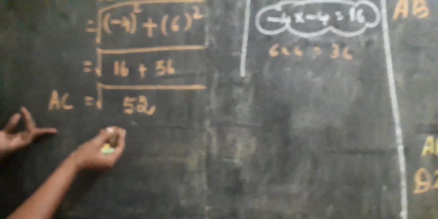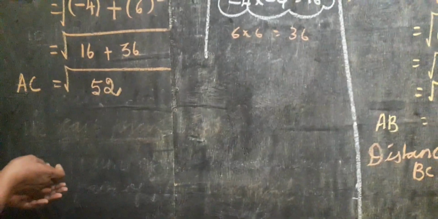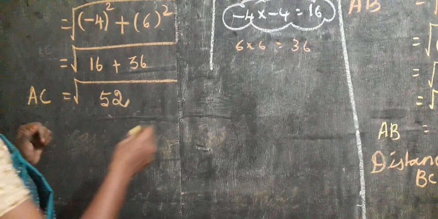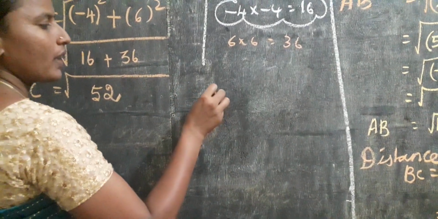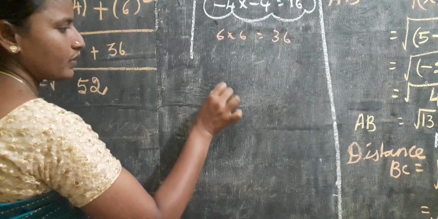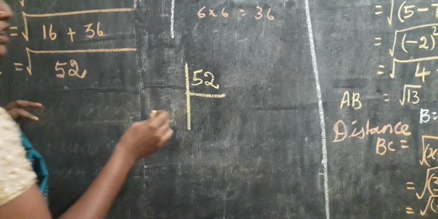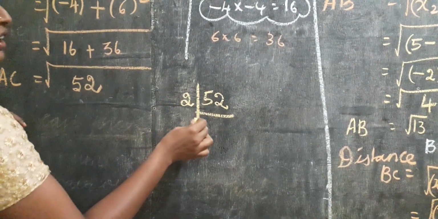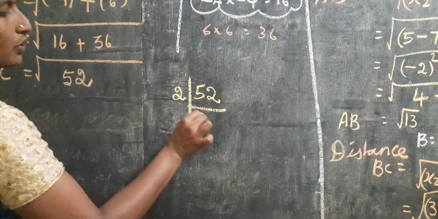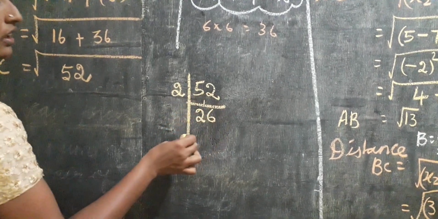If it is possible, we have to take the square root of the value. So find the prime factors of 52. Apply the 2 table. 2 twos are 4, balance 1. 2 sixes are 12.